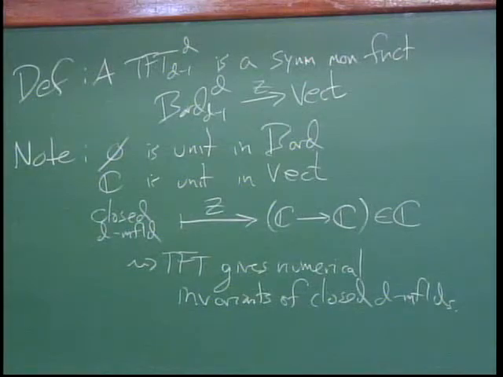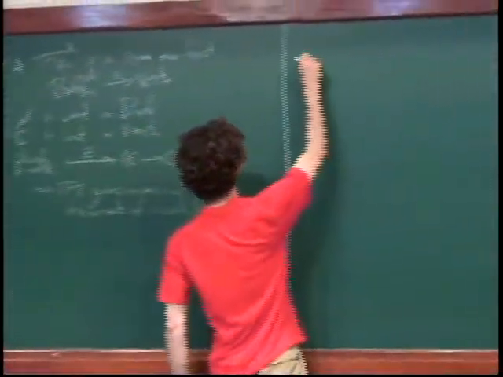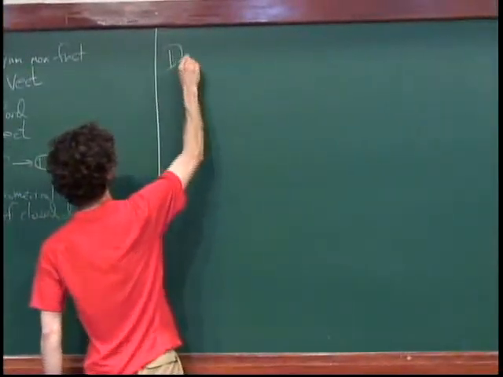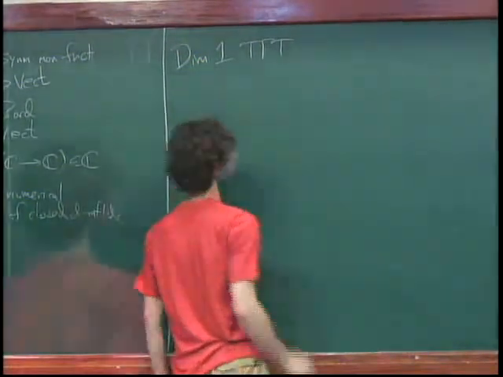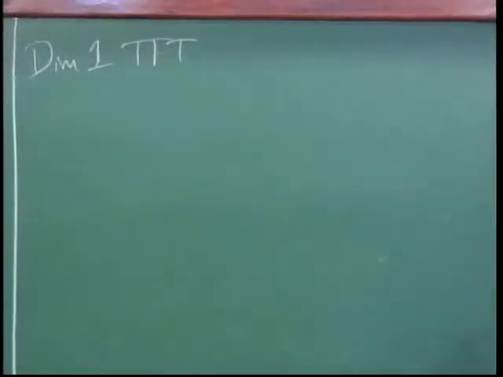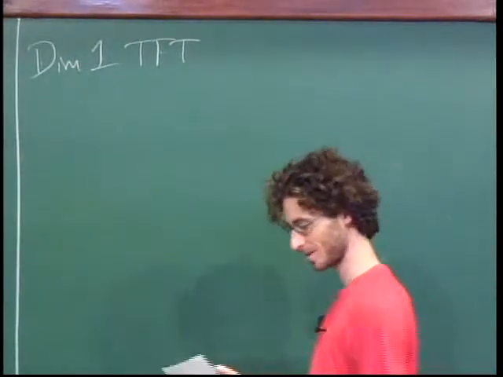And so now let's get started with warming up with dimension 1. Dimension 1 topological field theories. Let me know if either I end up writing too small or if my handwriting becomes unreadable, and I'll make an effort.